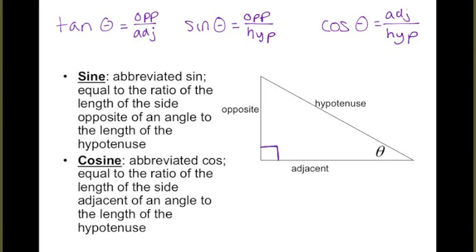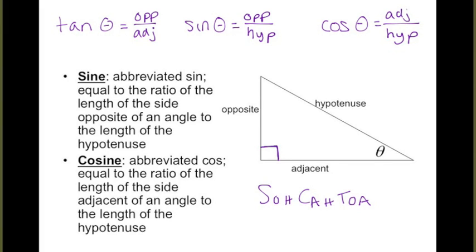To help students remember, many math teachers will use an acronym, SOHCAHTOA. I will refer to this acronym. What it does is it takes each trig function and tells you which pieces you use for that trig function. So the S stands for sine, OH, opposite over hypotenuse.